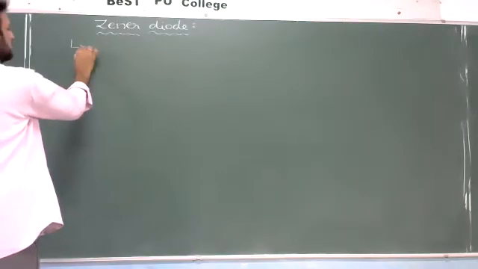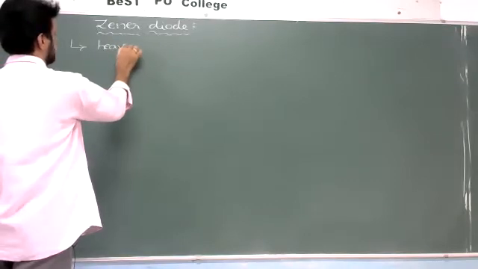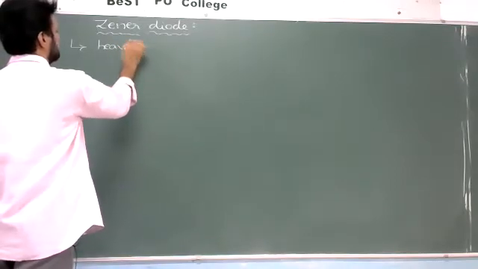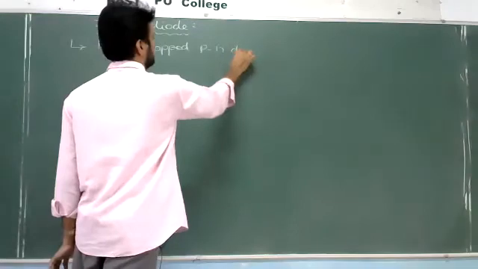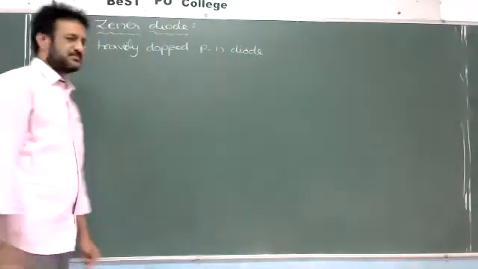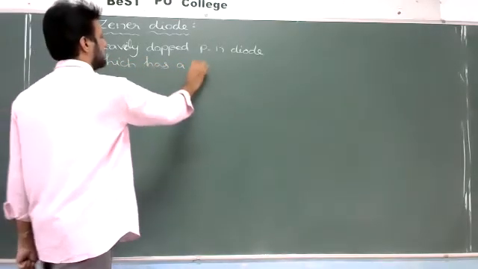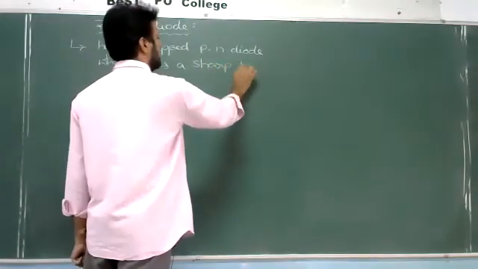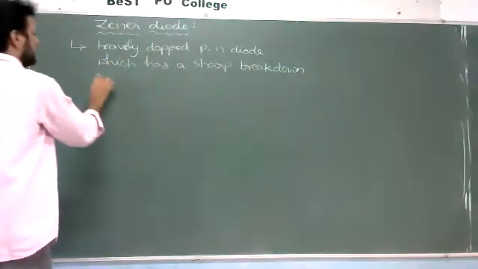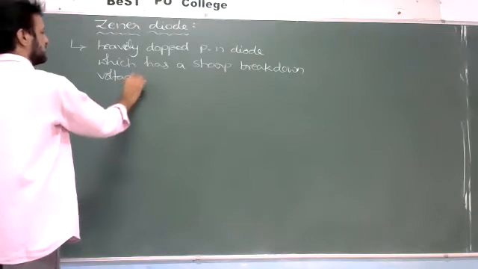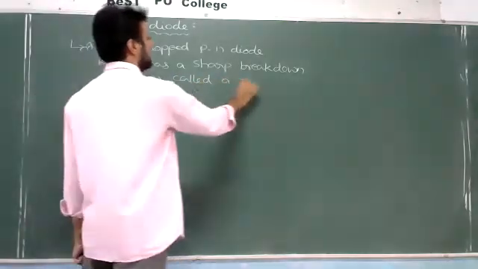Now, what is a Zener diode? A heavily doped PN diode, which has a sharp breakdown voltage, is called a Zener diode.